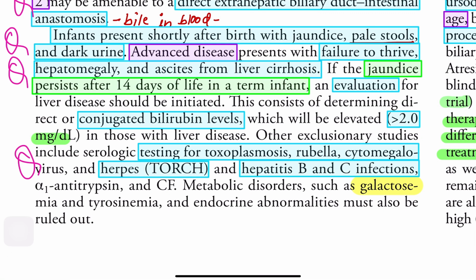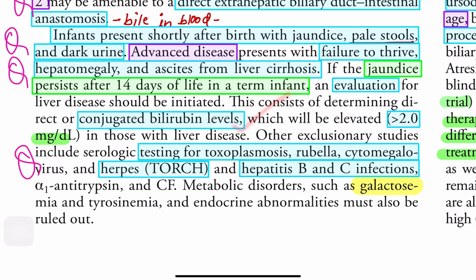An infant presents shortly after birth with jaundice, pale stool, and dark urine. So you may suspect biliary atresia. In advanced disease there is failure to thrive, hepatomegaly, and ascites from liver cirrhosis. If jaundice persists after 14 days of life in a term infant, evaluation for biliary atresia should be initiated.